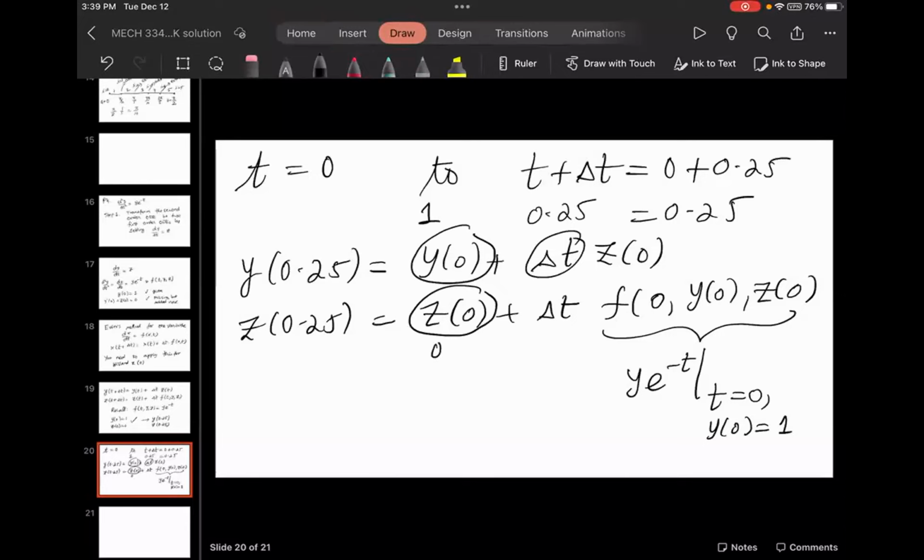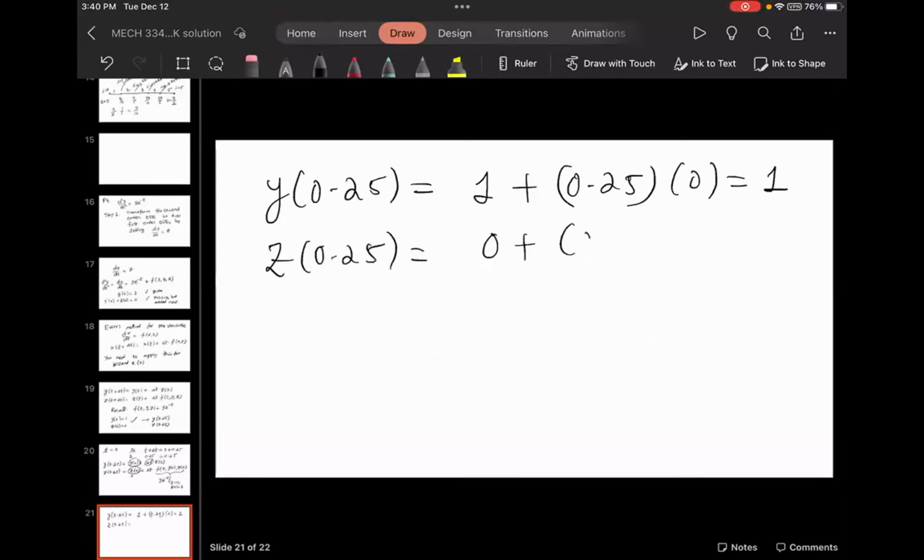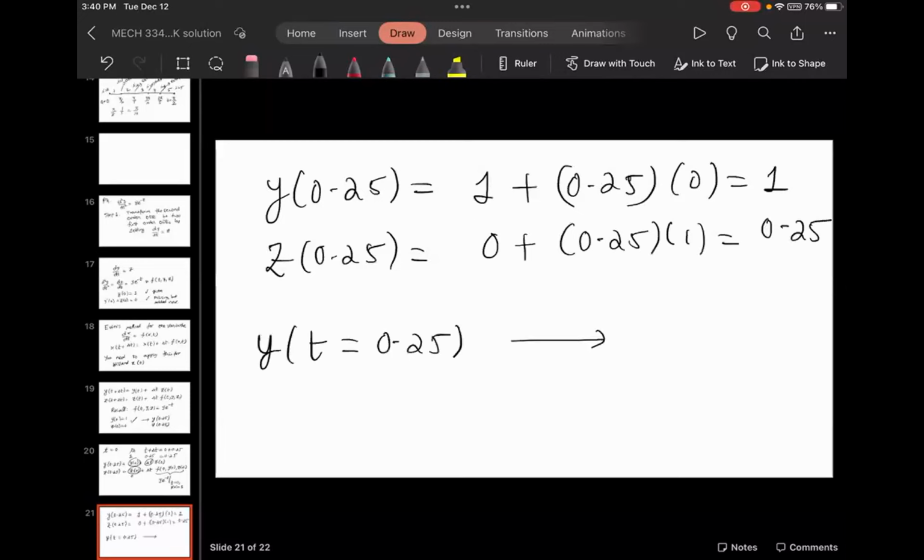So this is like writing y of 0.25 equal to 1 plus 0.25 times 0, which is simply 1. z of 0.25 is 0 plus 0.25 times 1, which is simply 0.25. So if you go back to the table, you have y at t equals 0.25. You have to fill out the entry as 1. Of course, z at 0.25 is not asked. If it were asked, it is 0.25.